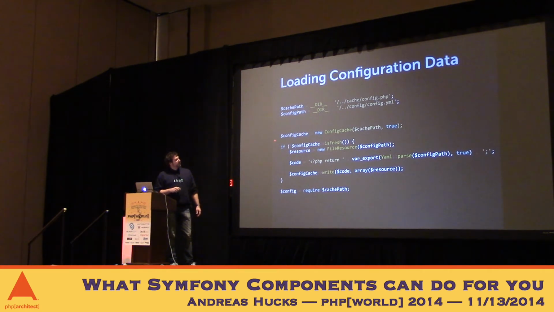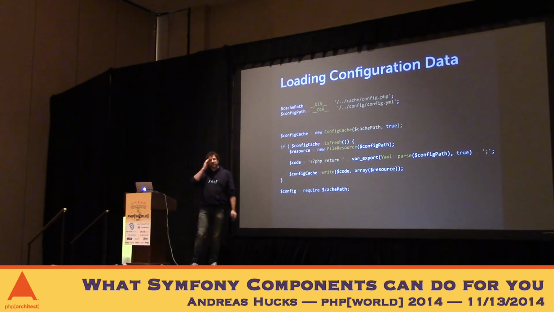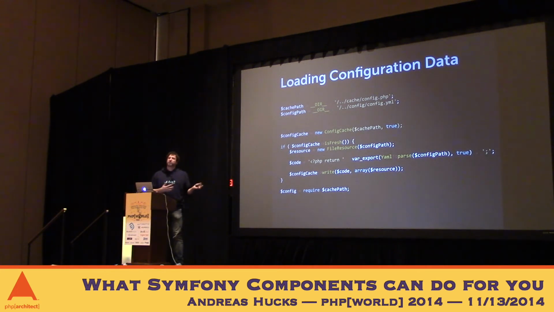And once we have this config cache instantiated with the config cache path, we can ask it if it is fresh. Fresh means it's still valid. If it is fresh, we would simply require that cache path and take what's returned as the config values. The format of this is up to you.